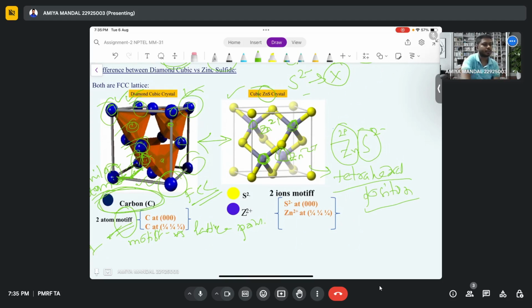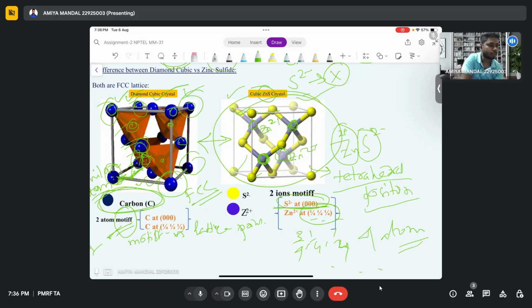Zinc atoms are placed at tetrahedral positions. So the S2- is at 0, 0, 0, and similarly to carbon in the diamond cubic, zinc is at 1/4, 1/4, 1/4, or 3/4, 1/4, 3/4, and so on. This type of arrangement holds for four atoms inside one unit cell.